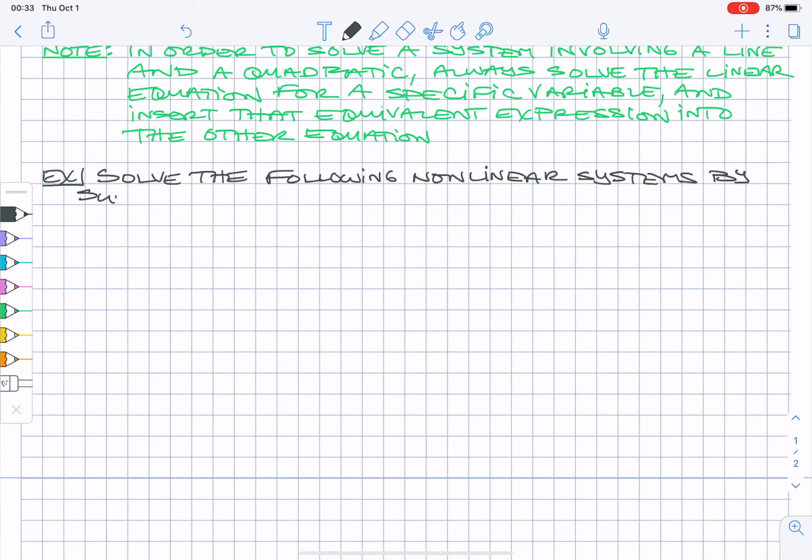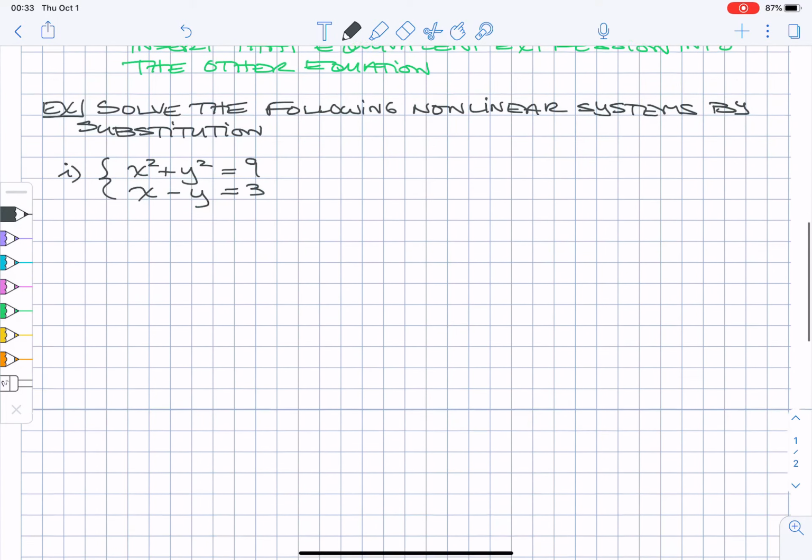My least favorite method. If only there were a better method. Okay, so number 1. Let's say we have x squared plus y squared is equal to 9, which is a circle of radius 3, but we're not graphing it, so it doesn't matter. And x minus y is equal to 3. That, of course, is linear.